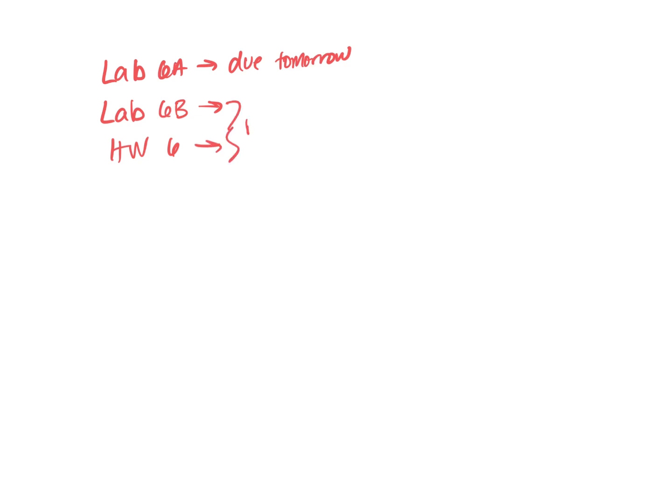Those are due essentially Monday, before the test. They're due before you take the test. That's reasonable, yes? Okay. In terms of work you have to do, this is it.